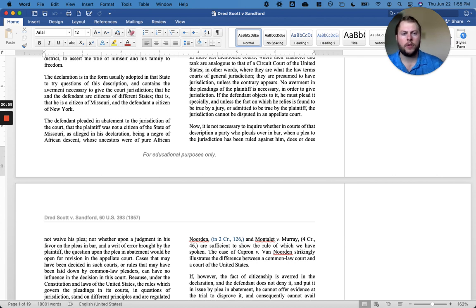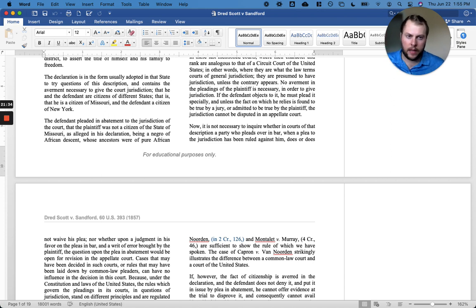If the Constitution only provides that the court can listen to disputes between citizens, going back to Article 3, Section 2, between citizens of different states, between citizens of the same state, claiming lands and grants of different states, that concept there of citizen, if that is the jurisdiction of the court, then the court has to reconcile its own constitutionality, right?